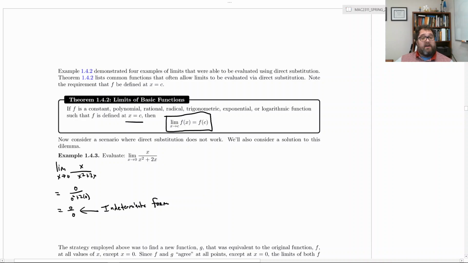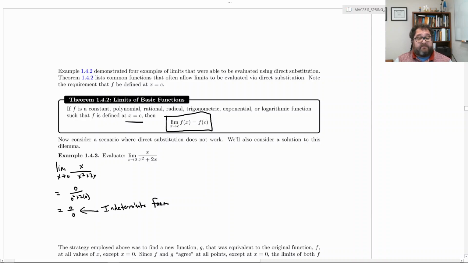We've seen this before. Indeterminate does not mean that the limit does not exist or that the limit does exist. It means you're unable to determine what is going on in terms of the limit. So this is what I meant when I said that direct substitution sometimes does not work.